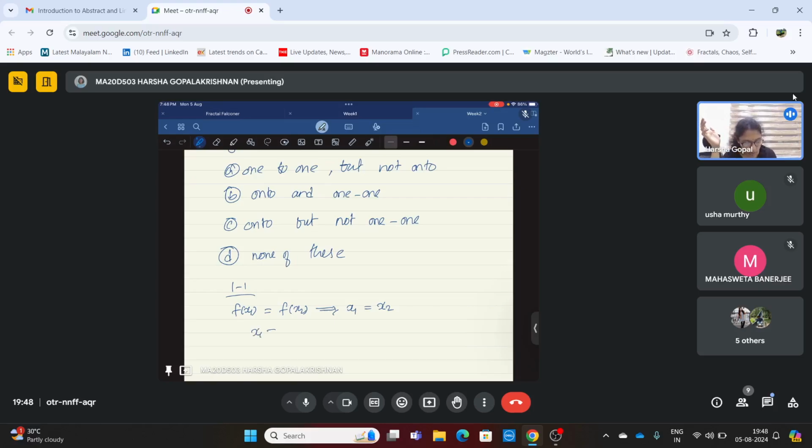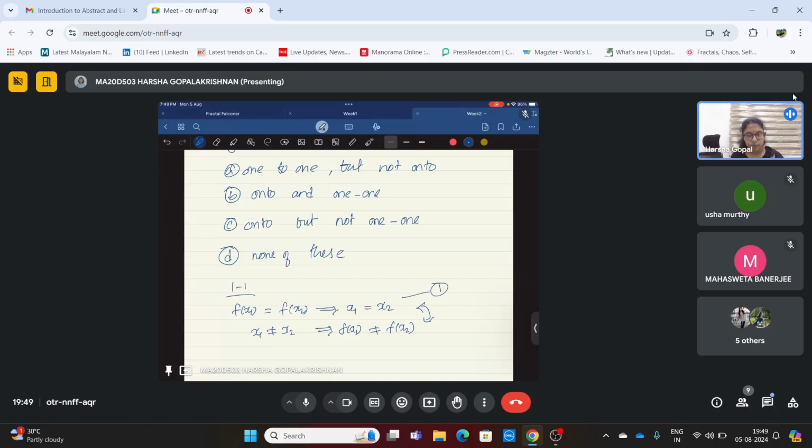Or if x1, x2 are distinct elements, then the corresponding images f of x1 and f of x2 are distinct. So this is actually the contrapositive statement of the first one. So both are equivalent statements. So when I am writing the opposite way, x1 not equal to x2 implies f of x1 not equal to f of x2. We are taking the negation in the reverse direction of the first statement.